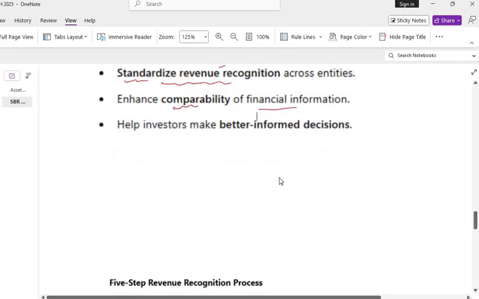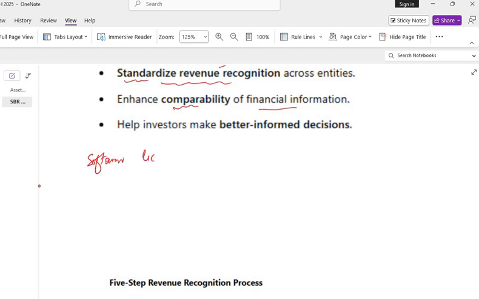So a growing complexity in the transactions, like software licenses, long-term construction contracts.